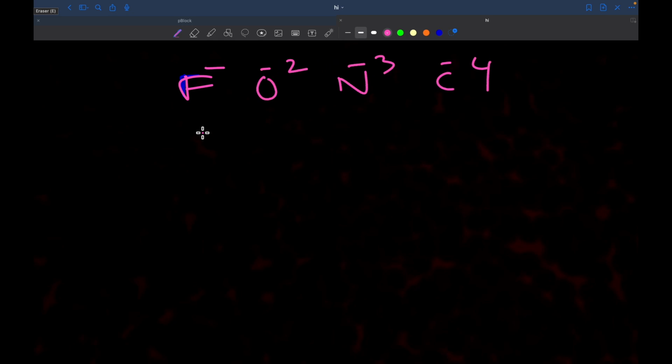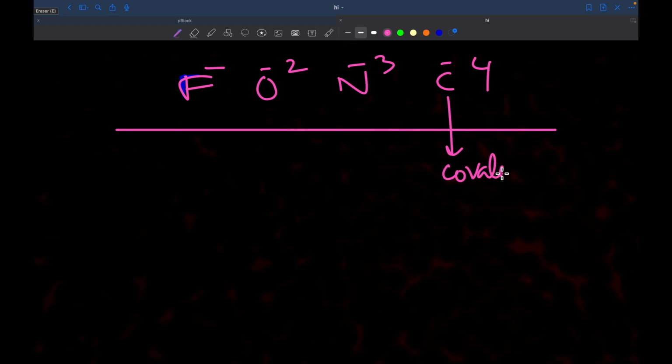According to Fajan's rules, for example, you have anions like fluoride, so you got F minus, O minus 2, N minus 3, C minus 4. So if the negative charge increases, this compound is more likely to be covalent. Covalent is more dominating.